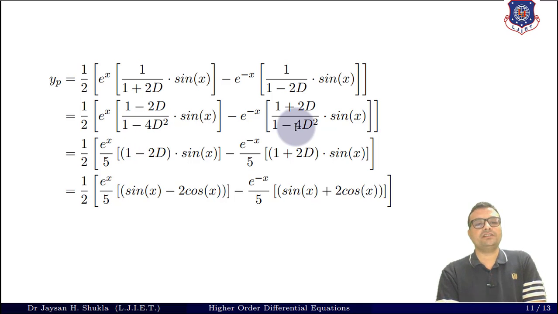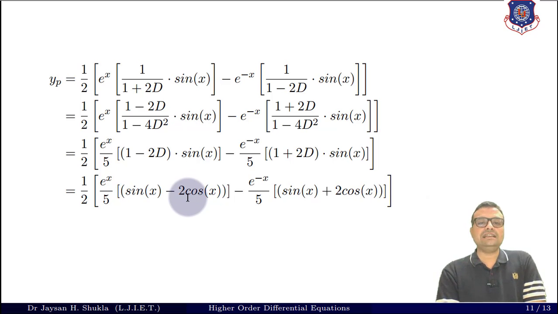Same answer over here. So it is e raised to x by 5 minus e raised to minus x by 5, and in the first bracket I have 1 minus 2d into sin x, in the second bracket I have 1 plus 2d into sin x. Taking this sin x inside this bracket, it gives you sin x minus 2d sin x. So it is nothing but the derivative of sin x, which is cos x.